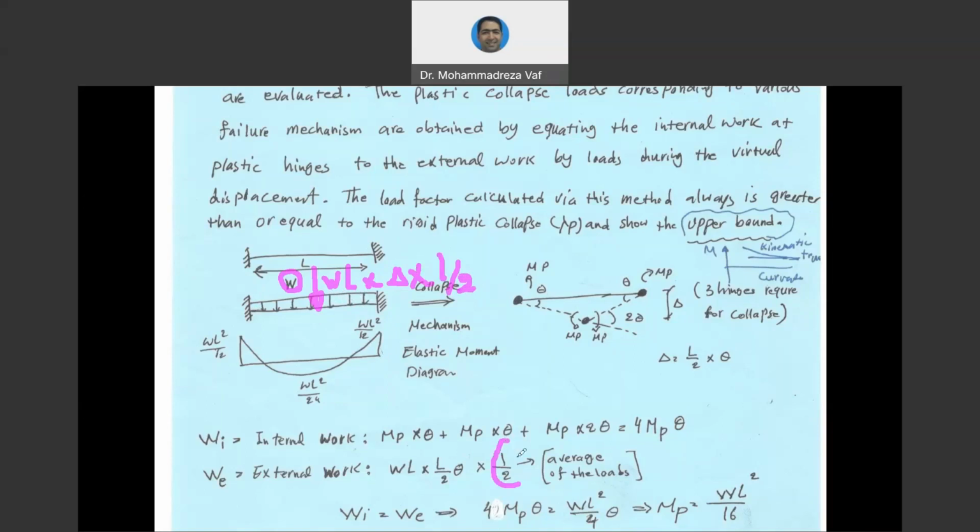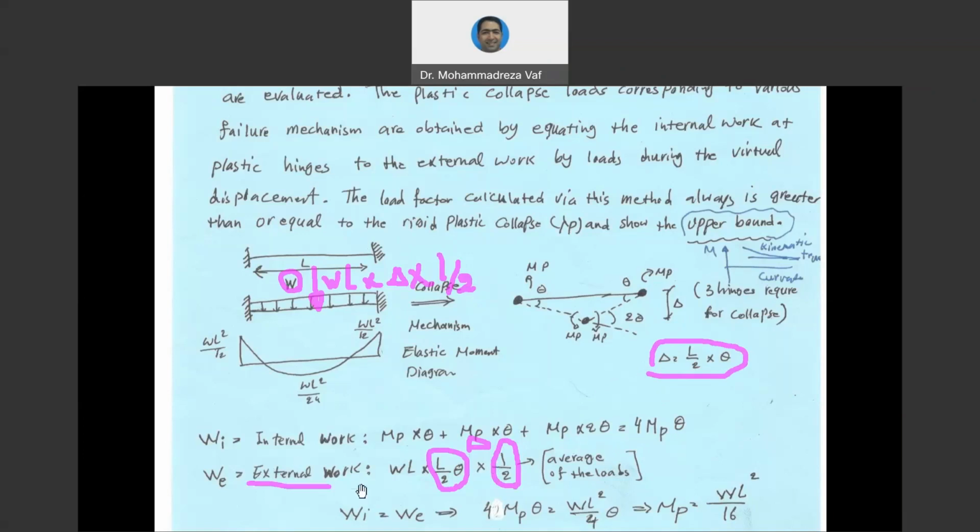So this 1/2 is just because our load is a uniform load. So WL is the resultant force multiplied by delta. As you can see, delta equals L/2 multiplied by theta. So this is delta, multiplied by 1/2, which is the average of the load that has been applied.